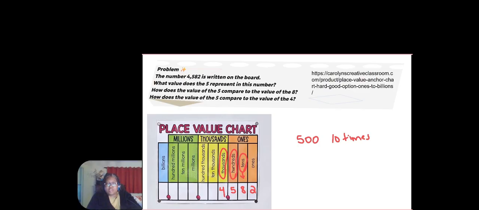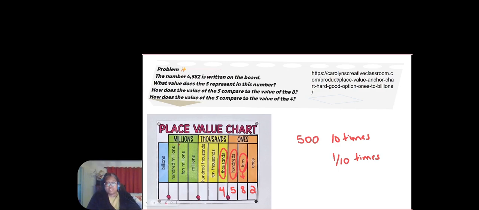Well, now the hundreds place is to the right, and that means that the 500 would then be 1/10 times the value of the 4, because the 4 is in the thousands place, and thousands are 10 times as much as the hundreds, so that means hundreds are 1/10 of 1,000. And that's how we can think about the value of each digit in any number.